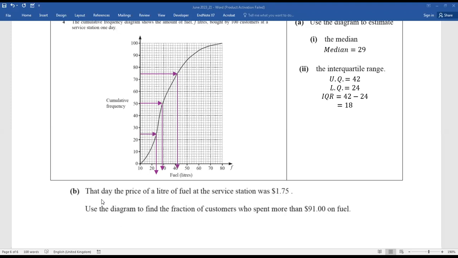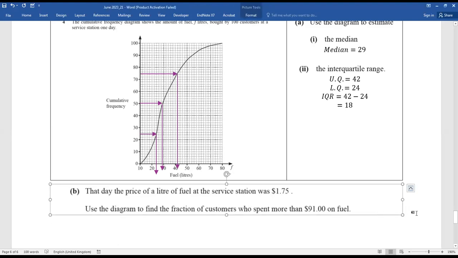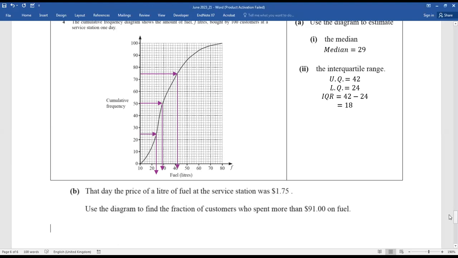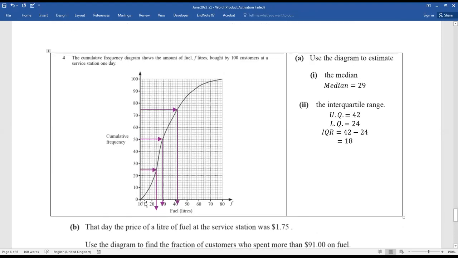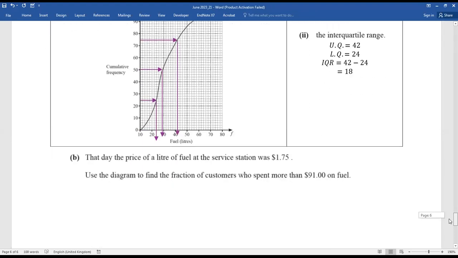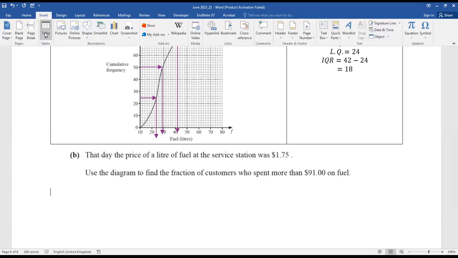It says that the price of a liter of fuel at the service station was $1.75. Use the diagram to find the fraction of customers who spent more than $91 on the fuel. Here we do not have the price, but we know how many liters of fuel customers bought.